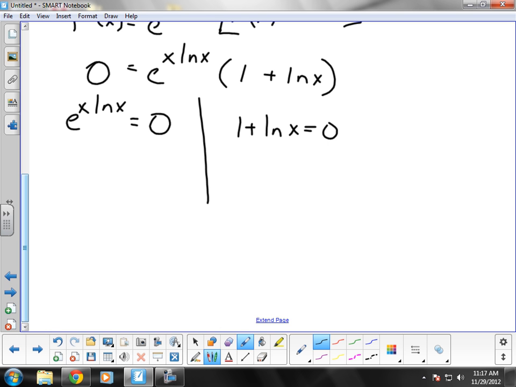Okay, so what am I going to do? Subtract 1, so I get the ln of x is equal to -1. Remember how to solve this? That's right. You have to exponentiate both sides. So I'm going to take each side and make it e raised to that piece. So e to the ln of x would just be x, and e to the -1 is just 1 over e, right?